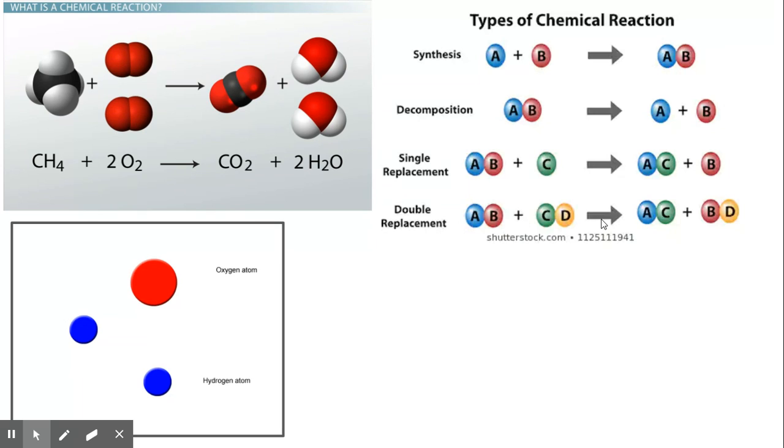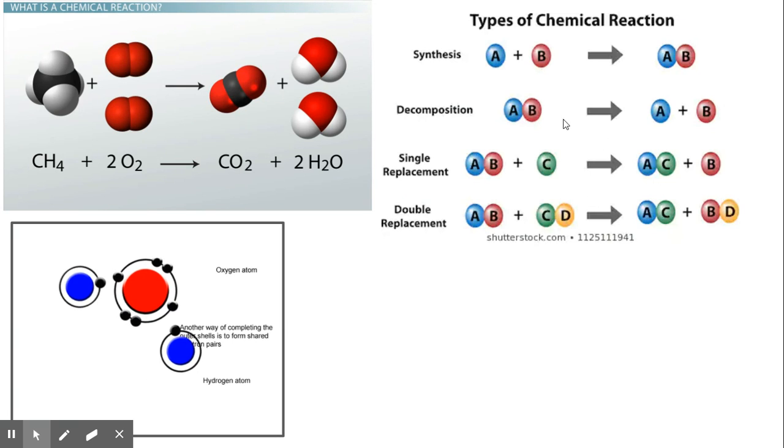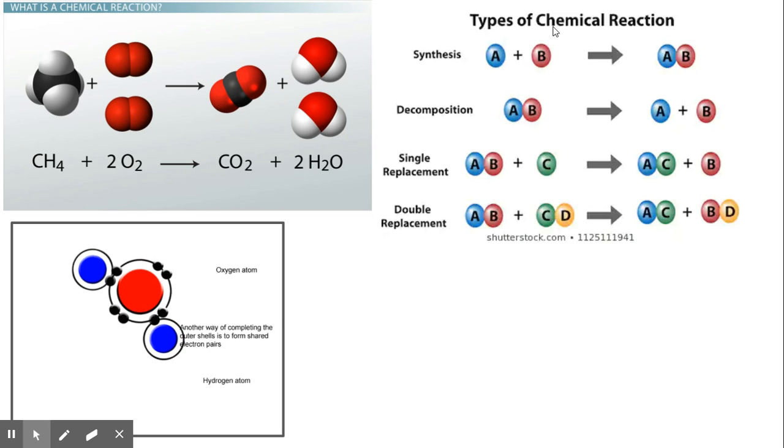The double replacement reaction is when you have this pair A and B, and this pair C and D, and the resulting product is they basically just flip flop. So C went from being bonded with D to being bonded with A, and B went from being bonded with A to being bonded with D. Those are the four different types of chemical reactions.